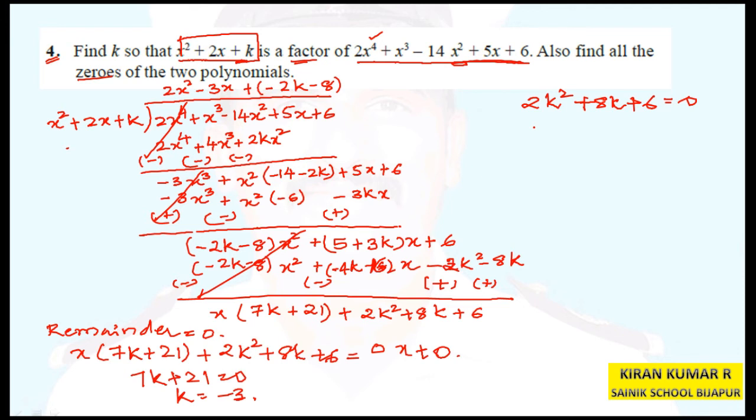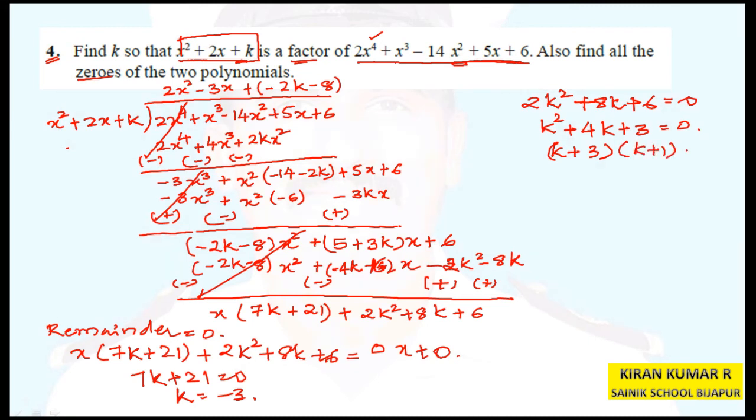Now just split the middle term and we get it as 2k square plus, what will be the combination of the numbers? The product should be 12 and the sum should be 8. It is 4 and 2k. I have to take 2 common. Let me divide completely by 2.